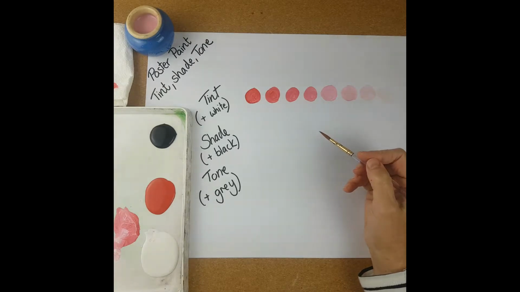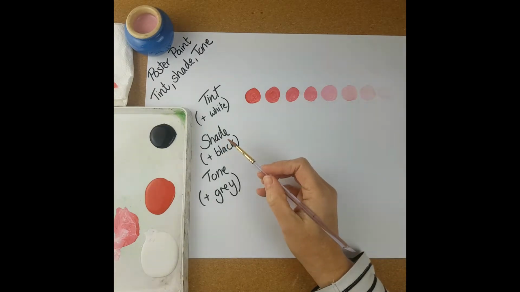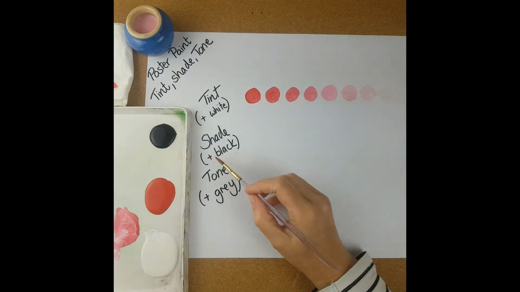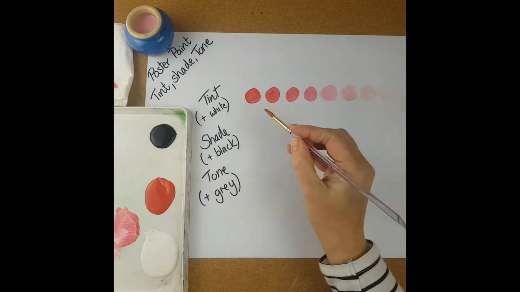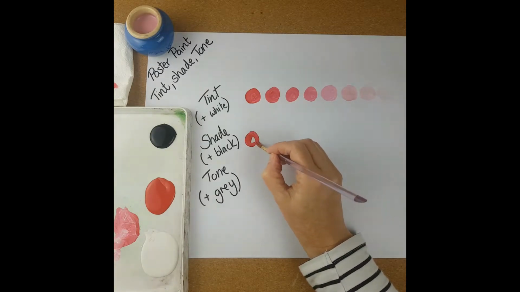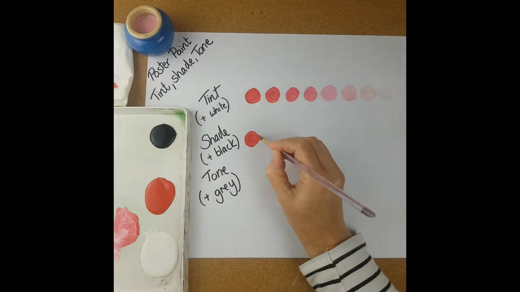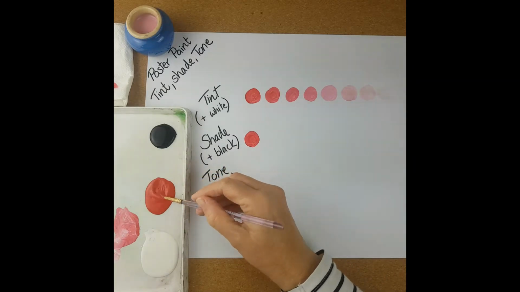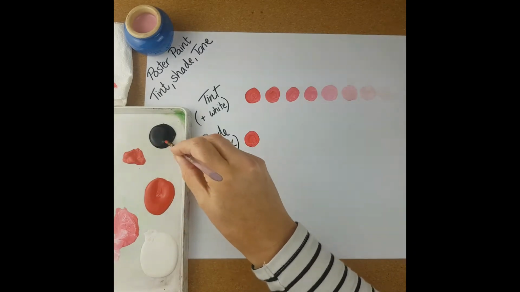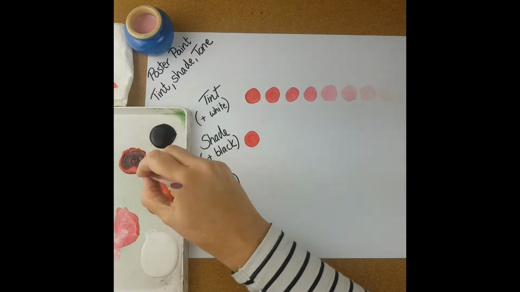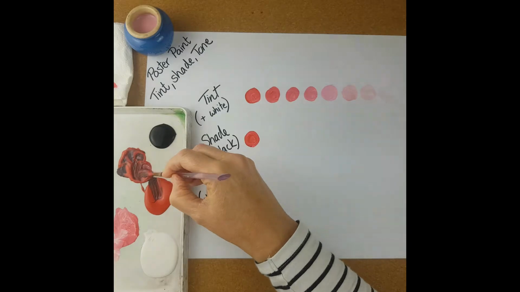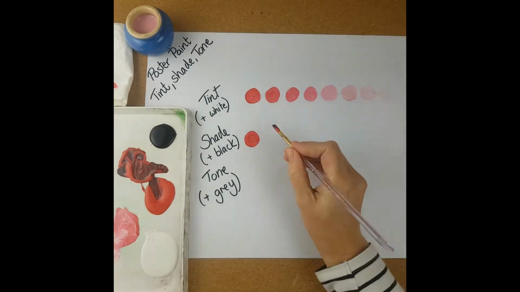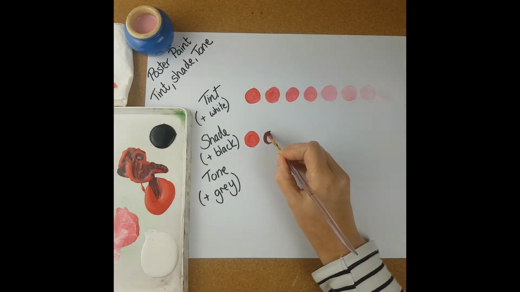Okay, so now we're going to look at doing a similar thing to create a shade, where we start with our original hue but we add a little bit of black. Okay, so the black here is very strong, so it's gone quite dark straight away.